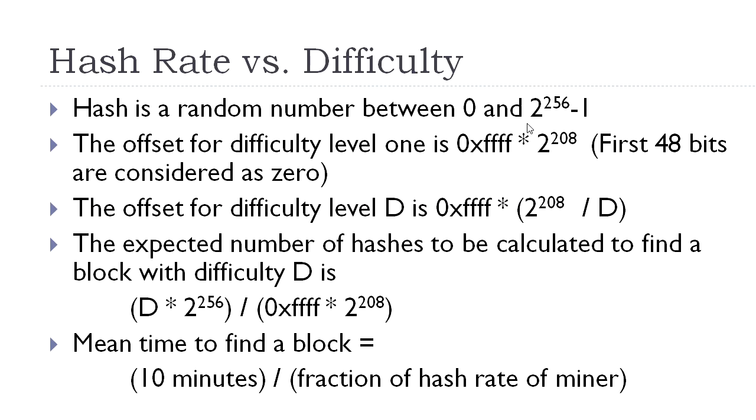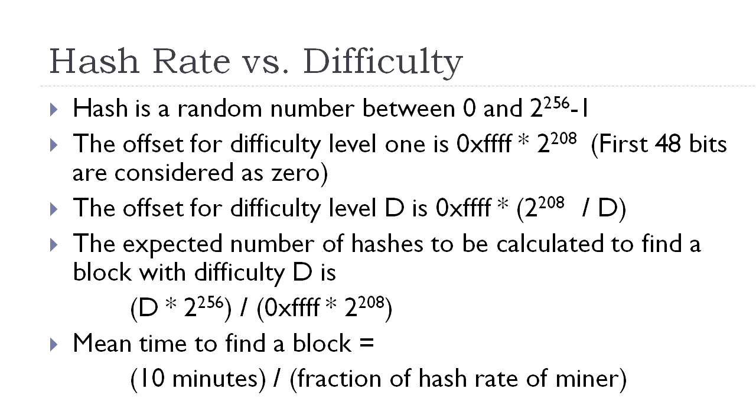Please remember, Bitcoin uses a double hashing method, not a single hashing method. That means whatever the transaction is, you put it through SHA 256 and you get a 256 bit hash code. Again, that hash code is sent to SHA 256 and you get a second hash code. That second hash code will be used, not the first hash code.